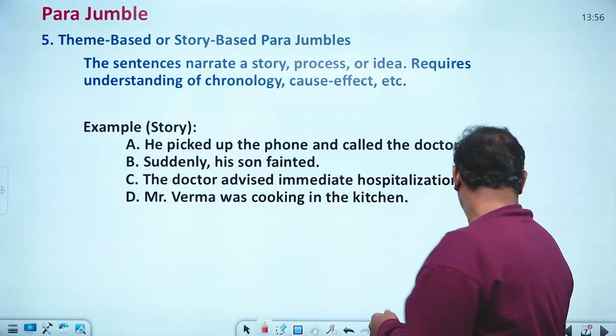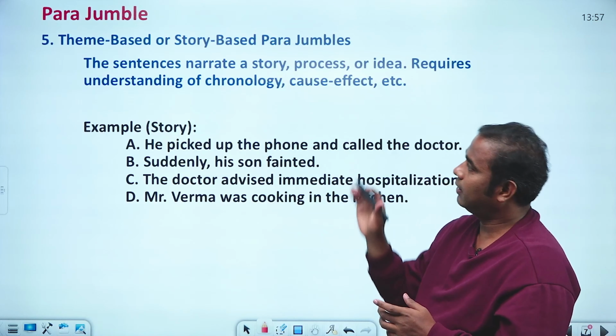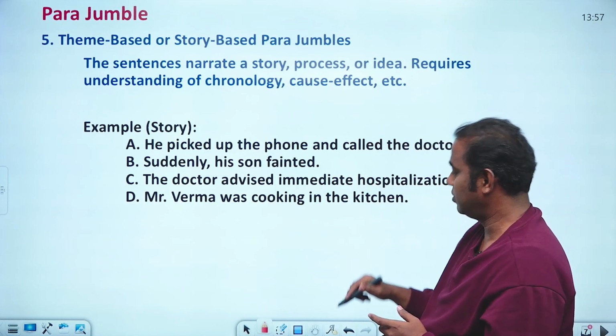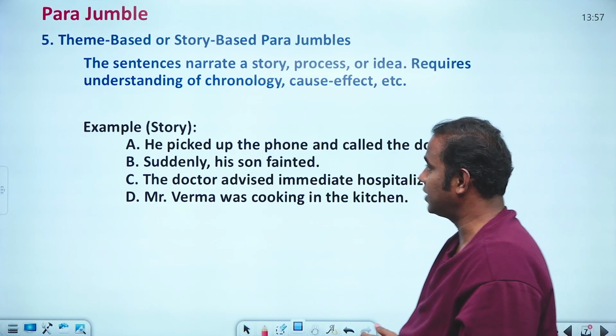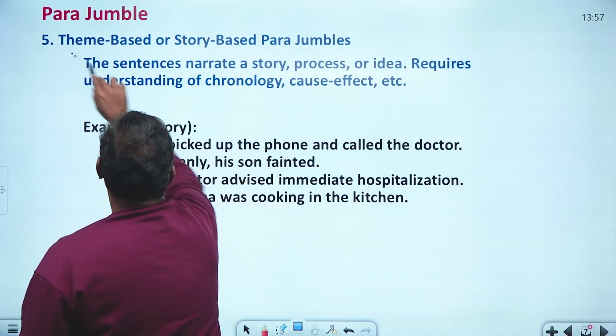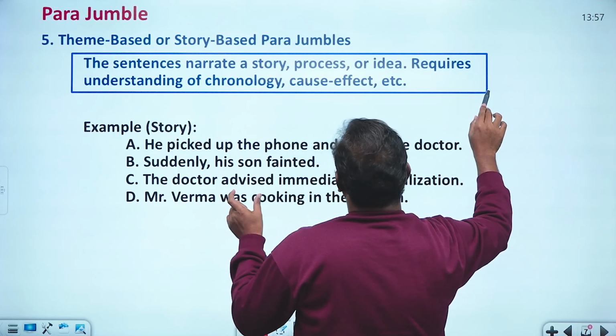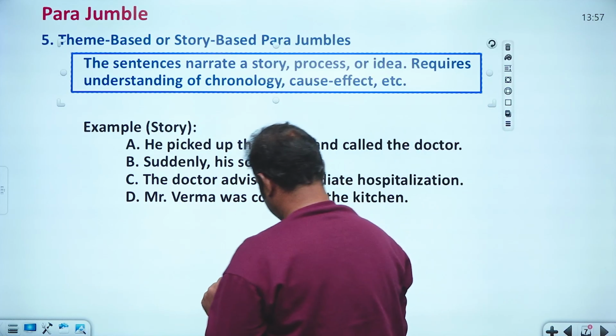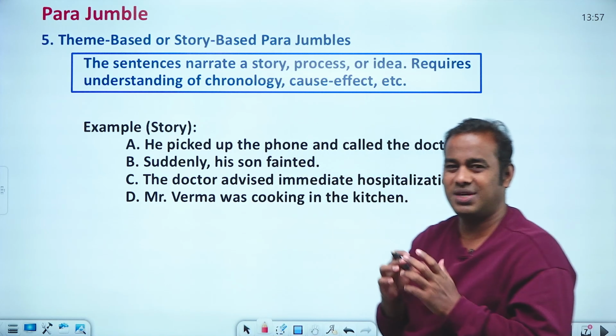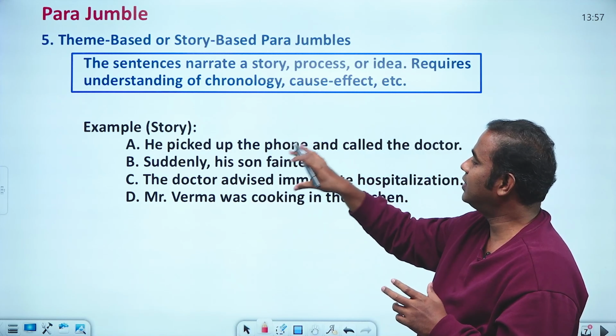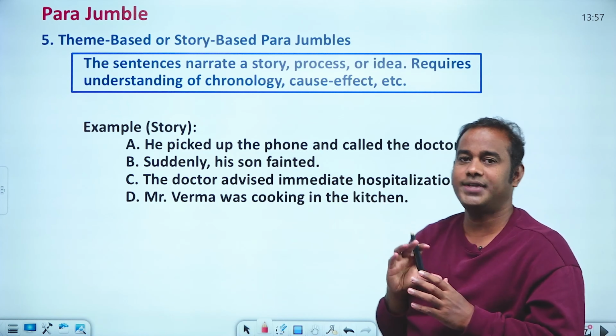Then this one here, theme-based or story-based Para Jumble. In theme-based, story-based Para Jumble, the sentences generally narrate a story. Narrating a story means all these sentences have a storyline.